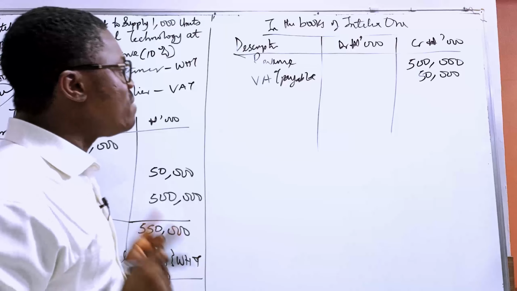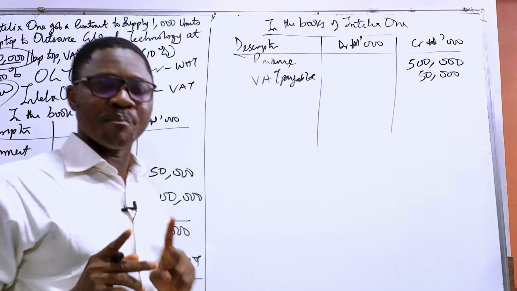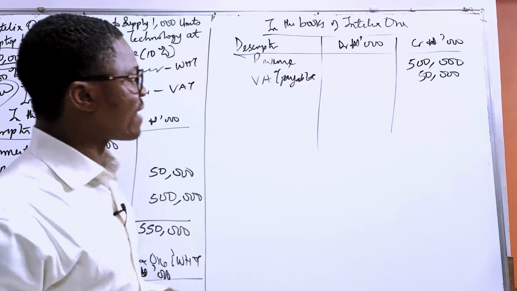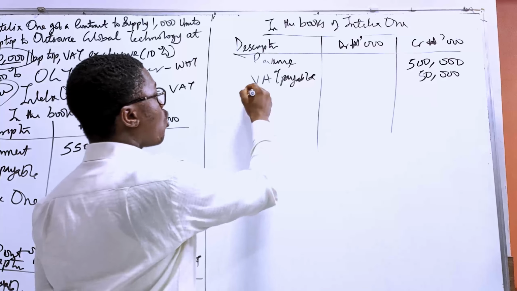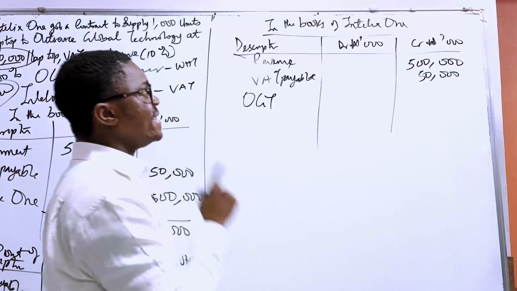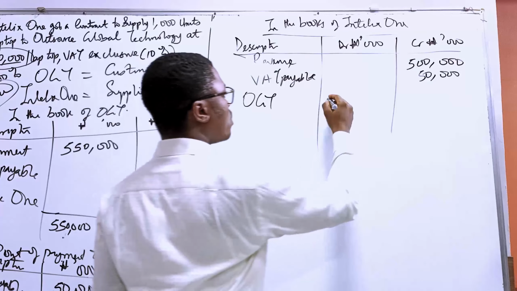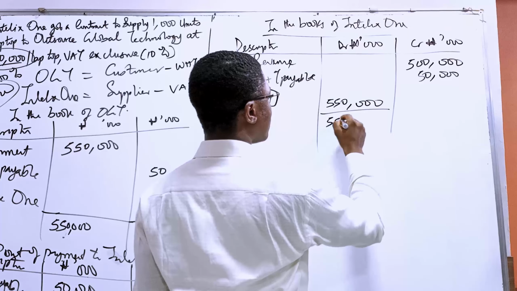That now means that the total payment expected from OGT is 550 million naira. So the books of OGT in the books of account of Intellix One will be debited with 550 million naira.